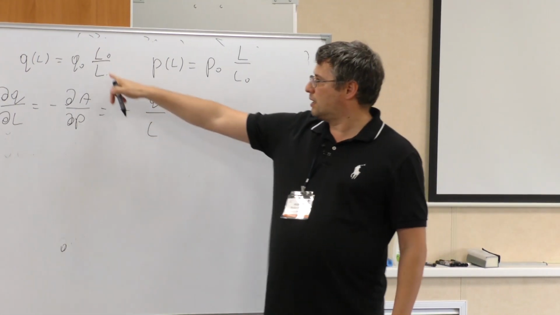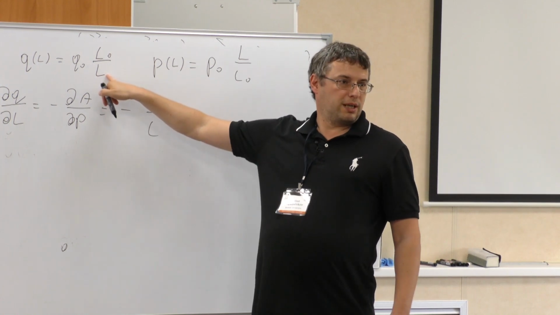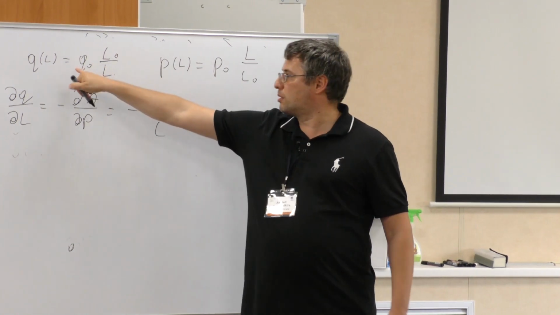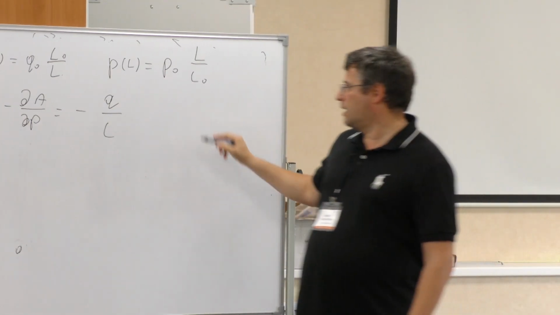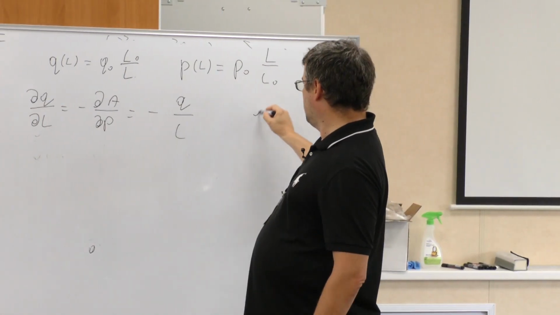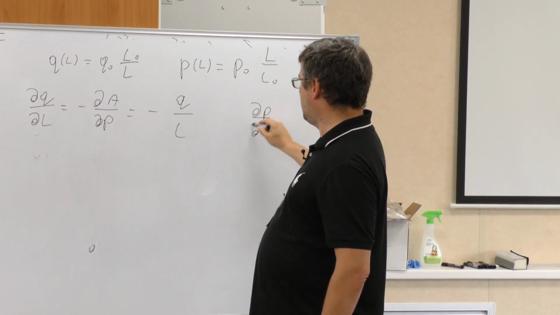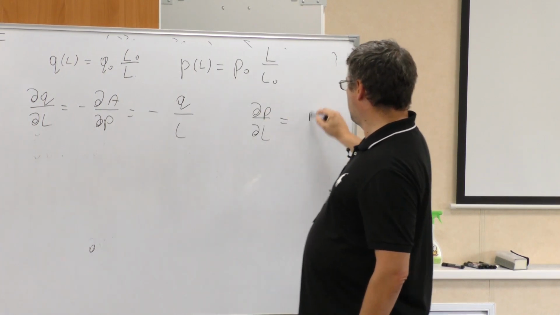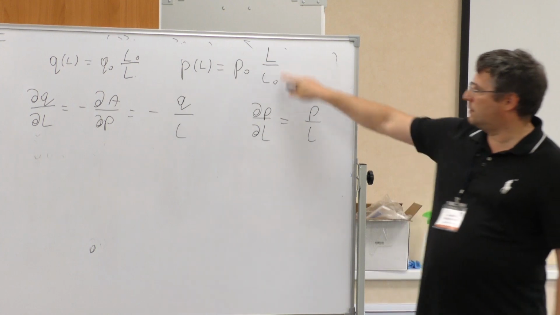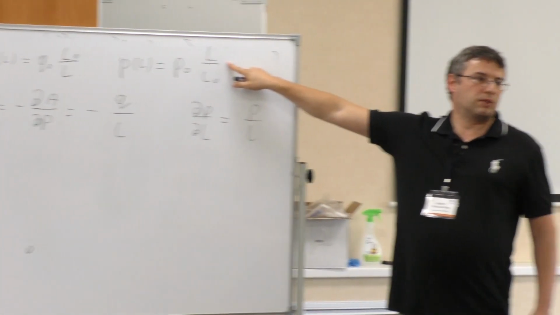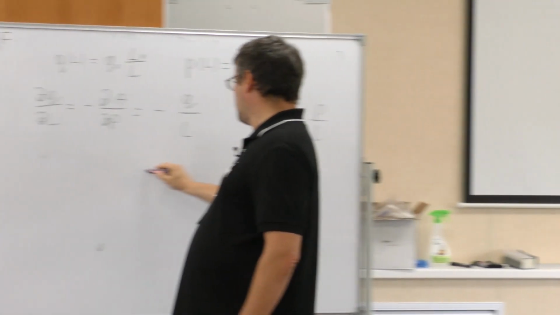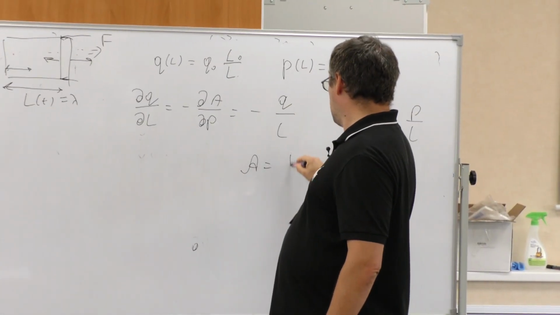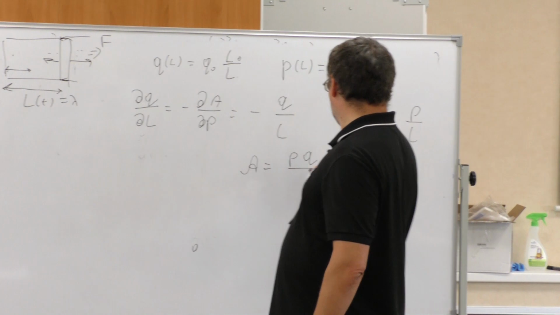I get minus 1 over L squared, 1 over L I absorb back into Q, and I get minus Q over L. So it's simple. And then dp dL will be just P over L with plus sign. Derivative with respect to L, I just divide by L. And then by inspection, we can check that A is PQ over L.